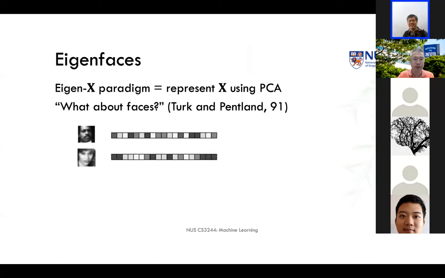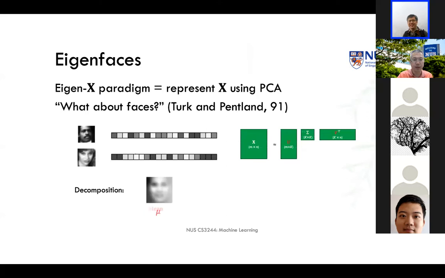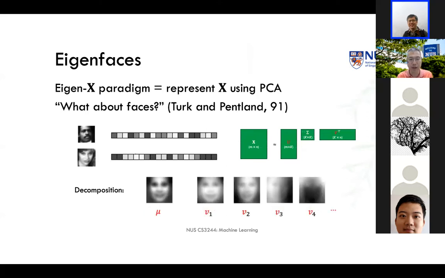So we can think of these faces again as a vector of pixels, right? And what we want to do is reconstruct them using a set of vectors that are basically images in themselves.